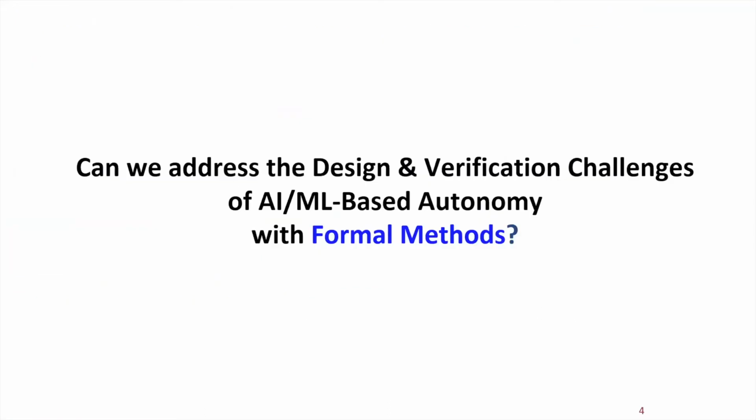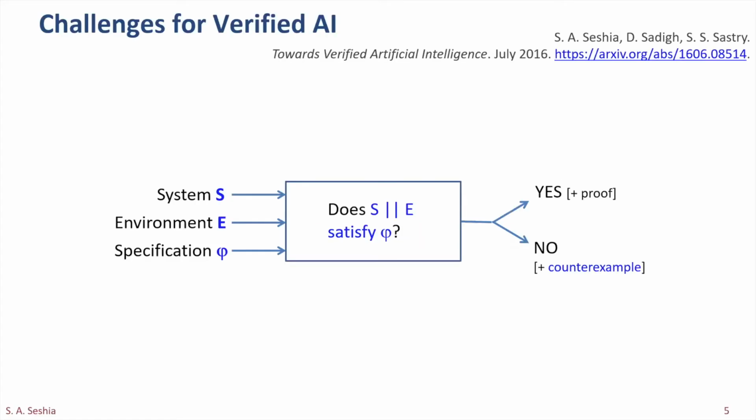So the topic that my group has been looking at for the past many years is whether we can address the design and verification challenges of AI and ML-based autonomy using formal methods. And I'm assuming this audience knows all about formal methods, so I will not give a definition here. But instead, what I'd really like to share with you before we dive into the tutorial is a view that we looked at over 5 years ago now on what are the challenges of applying formal methods to this domain.